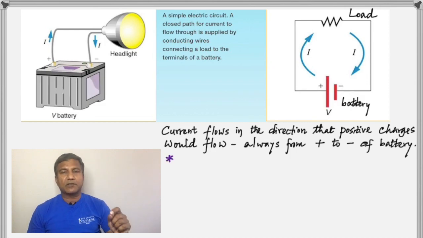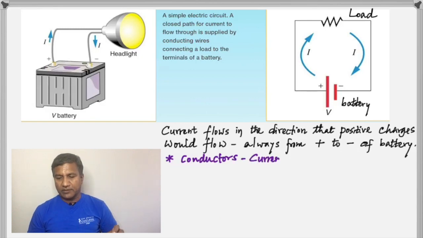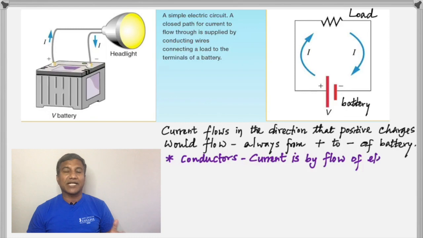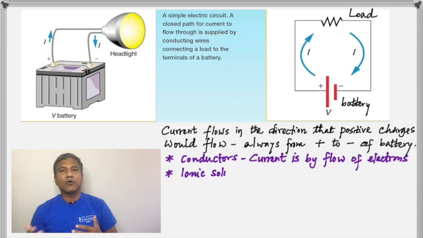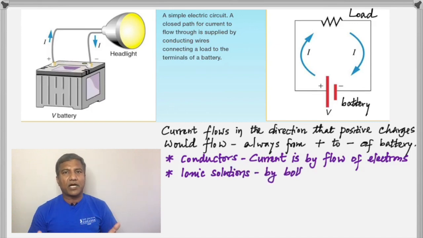So there are a couple of very important points here. Number one, we have to understand that in conductors, current is always by the flow of electrons. But in ionic solutions or electrolytes, the flow of electricity could be due to the flow of positive ions or negative ions.